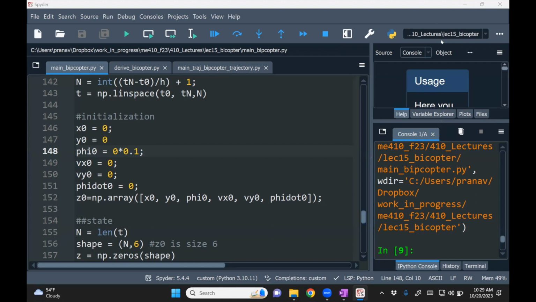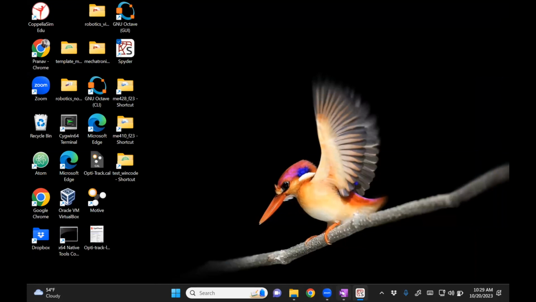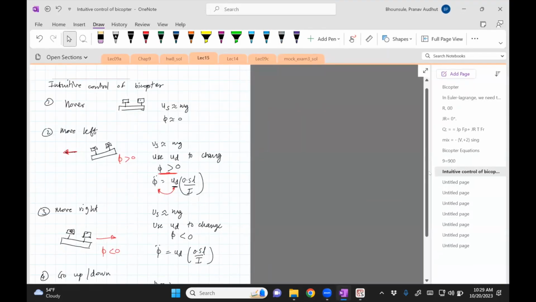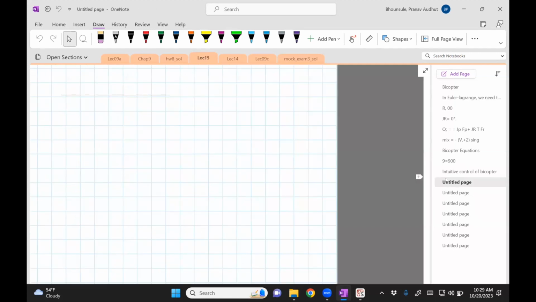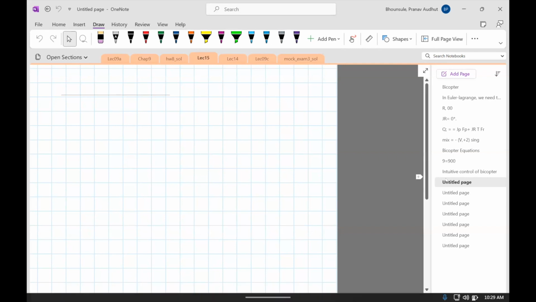The other thing I wanted to do with this code was to show you that you can actually do more than just moving left, right, up, and down. I'm going to try to get this to trace the figure 8, the lemniscate, or the infinity symbol. And for that, I will use partial feedback linearization, a technique we've seen before. Partial feedback linearization was used to control a manipulator, but it was a fully actuated system.